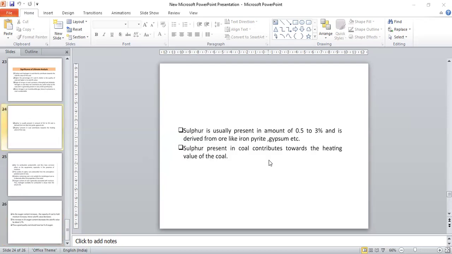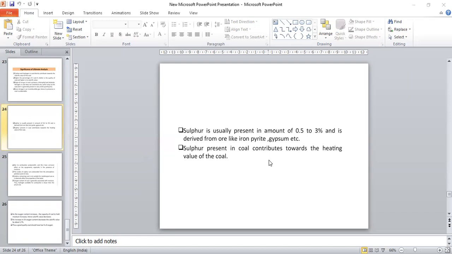What we discussed: proximate analysis. In proximate analysis, we discussed the moisture content, volatile matter, ash content, and fixed carbon. Hence it is called proximate analysis.